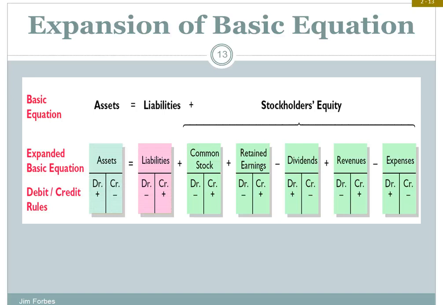It will become second nature, but at first it is quite a challenge, because you have to identify not only what type of account, but whether you're debiting or crediting for that account. So you can see this has gotten far more complex than just your basic accounting equation. You have to memorize this whole thing.